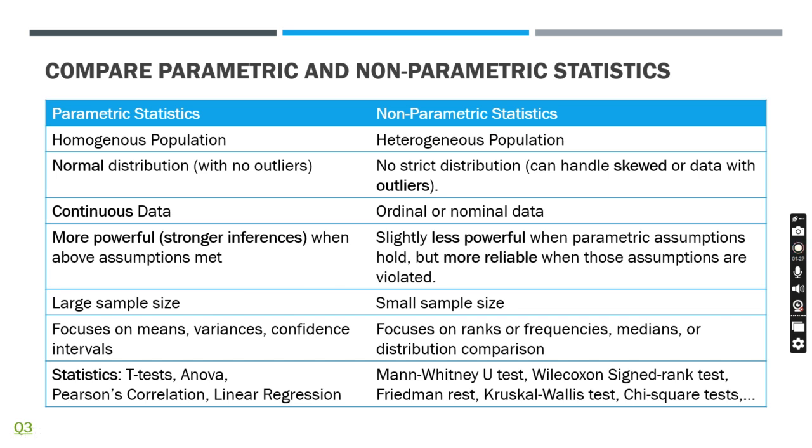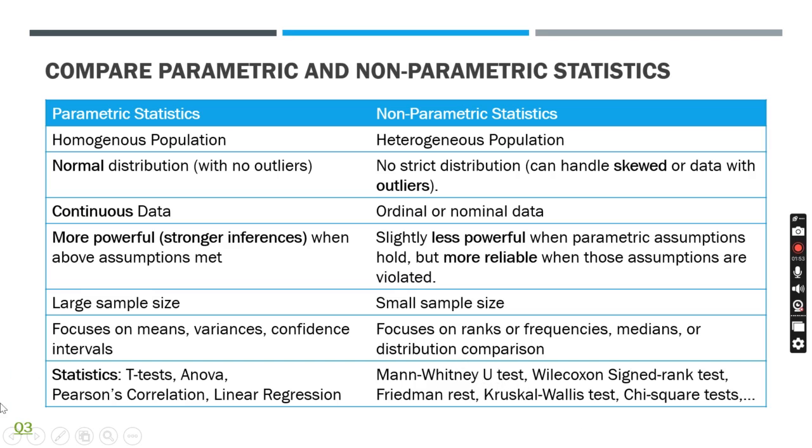We focus on means, and this is the type of test that we can use. And for non-parametric statistics, this is for a heterogeneous population with no strict distribution. The type of data is ordinal or nominal, okay, and it is slightly less powerful, okay. And this is the type of test we can use.